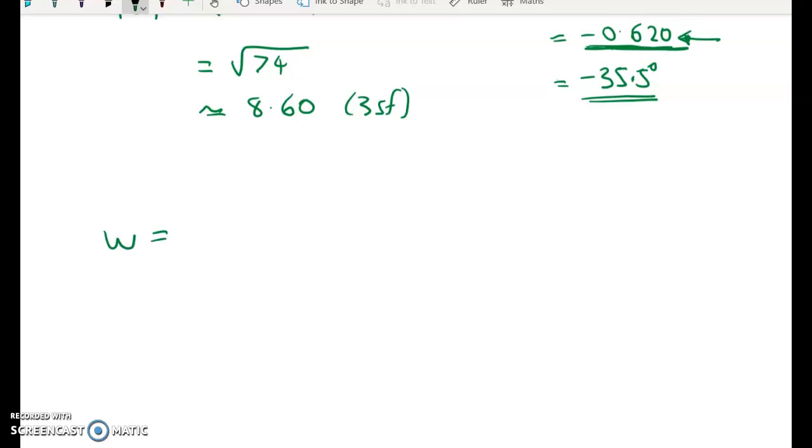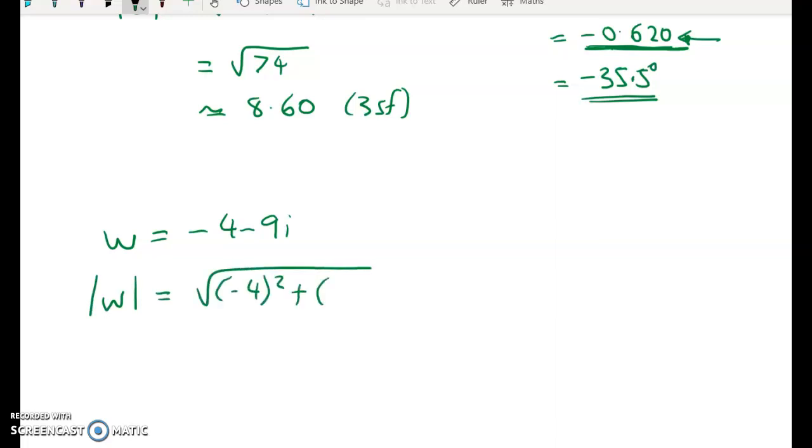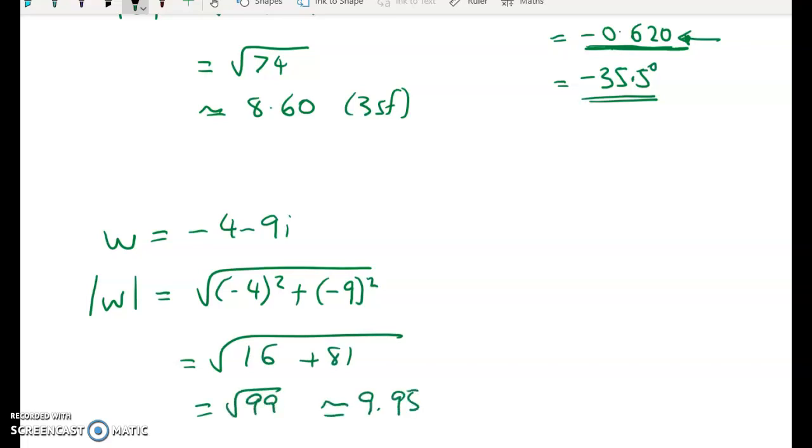So for w is equal to negative 4 minus 9i, the magnitude is going to be this. So we've got 16 plus 81. That gives me the square root of 97, which is roughly 9.85.